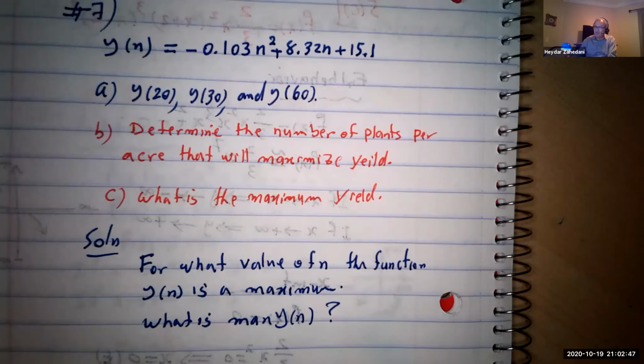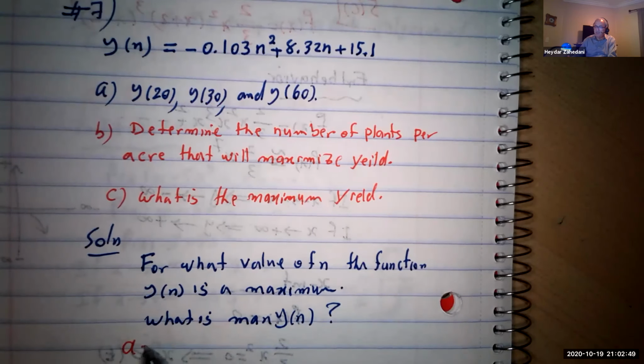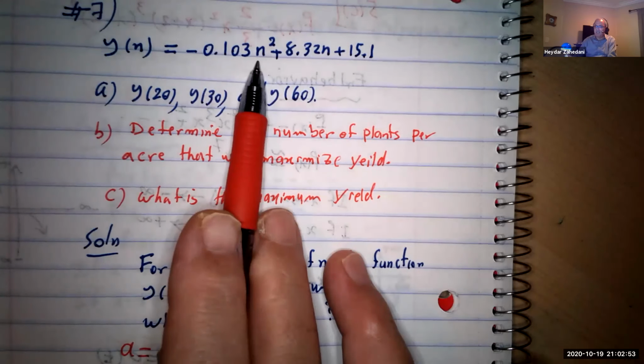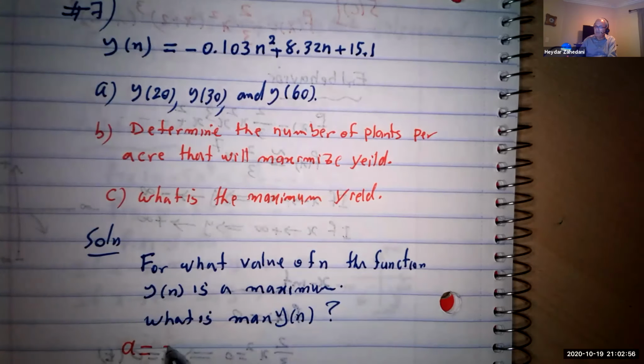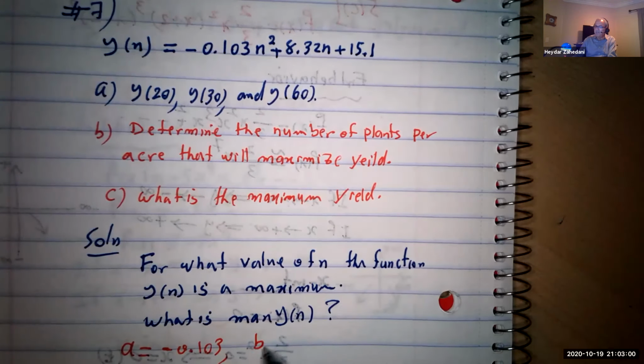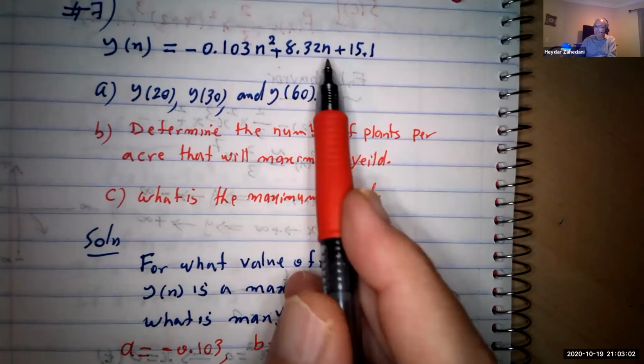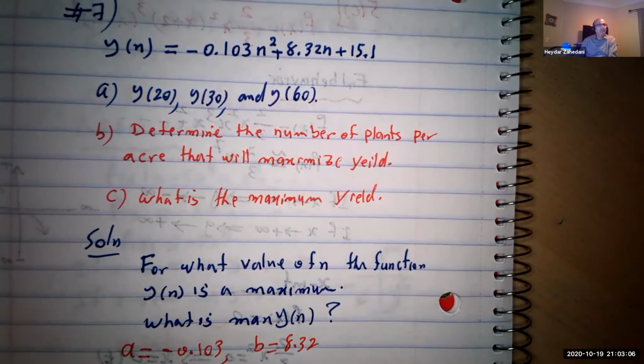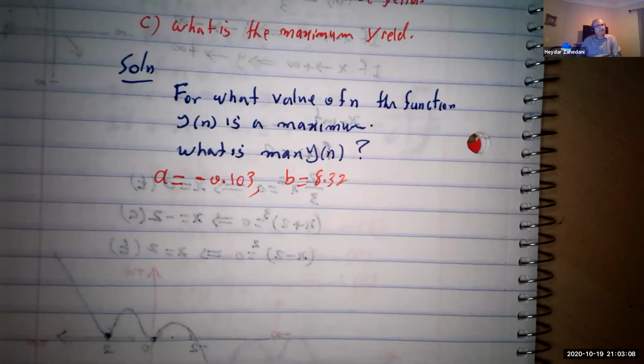A is the coefficient of n squared, or x squared, which is negative 0.103, and b is going to be 8.32. You need only these two numbers. Now, the important part that most people miss is you have to confirm that you get a maximum.